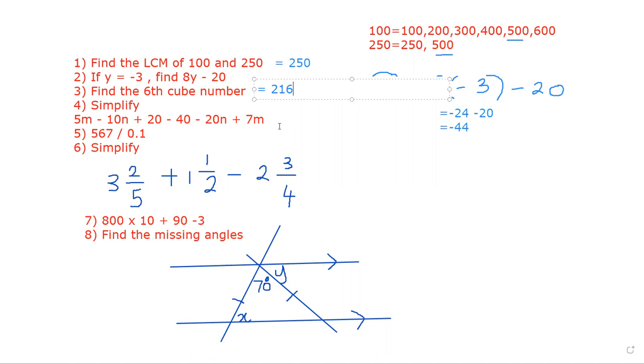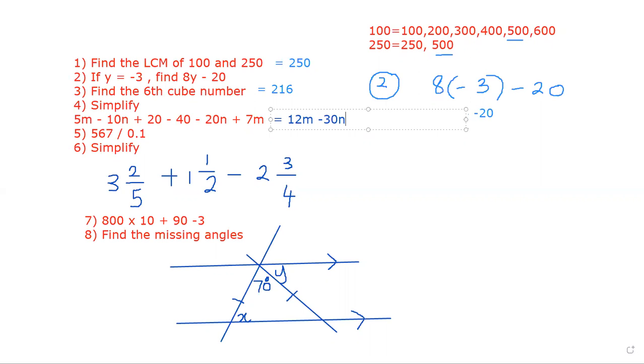Then the fourth one, to simplify. So when you're going to simplify, you identify the like terms. So according to this, I have 5m plus 7m, which is 12m. Then minus 10n minus 20n, signs are same. Therefore, I can add and keep the same sign.